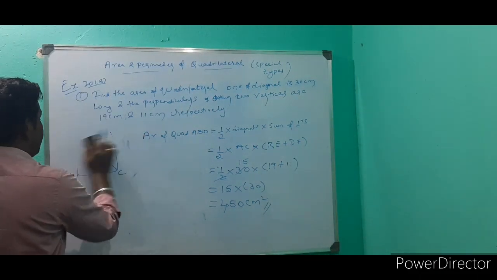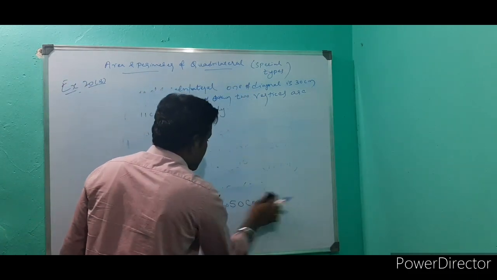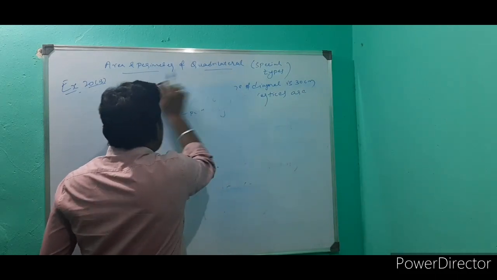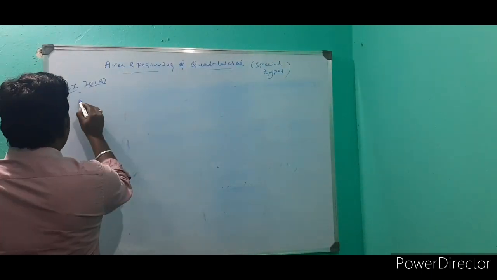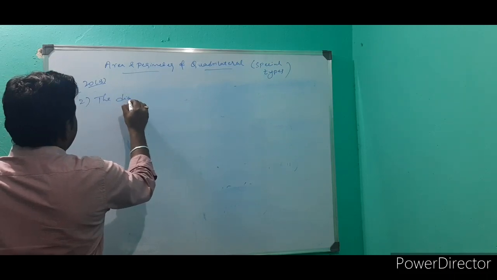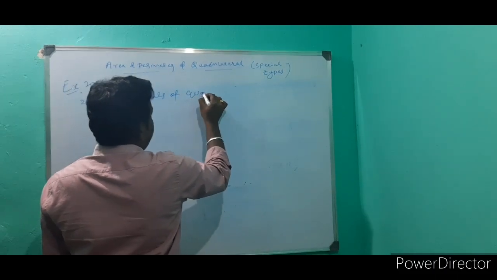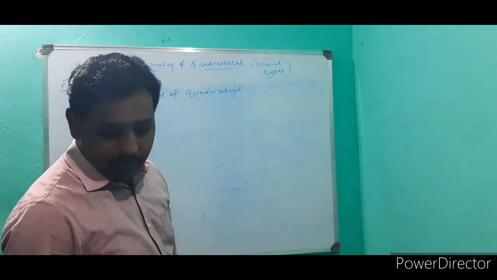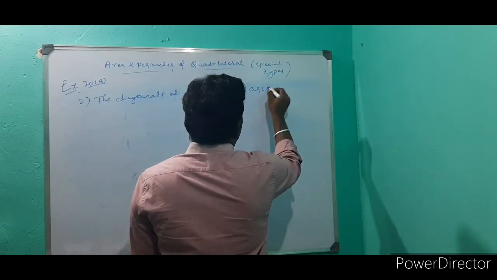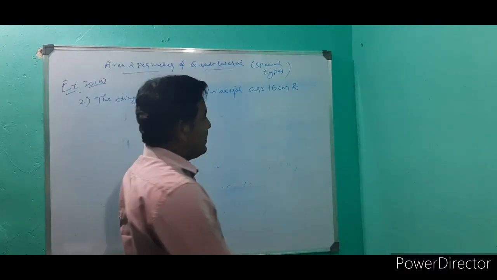In that, second problem: the diagonals of a quadrilateral are 16 centimeter and 13 centimeter.